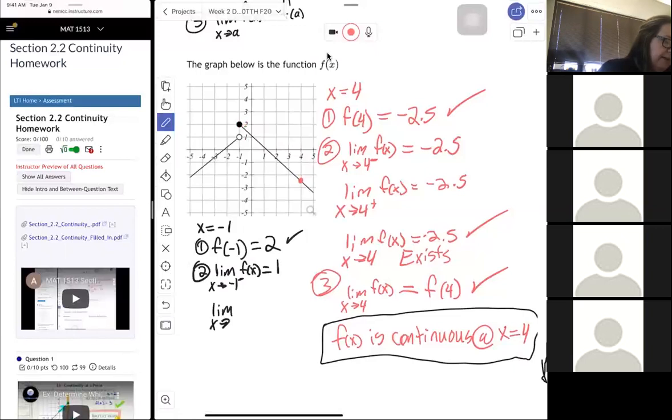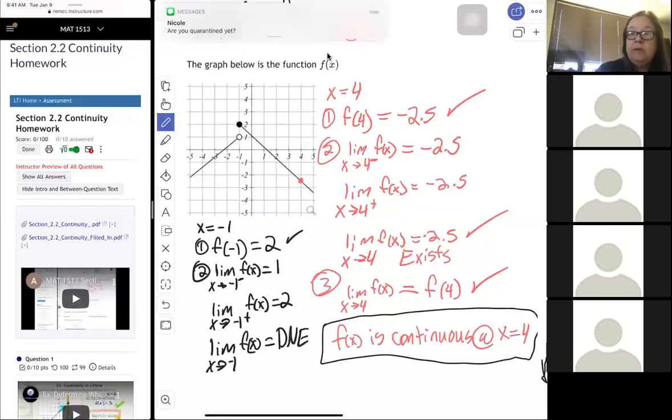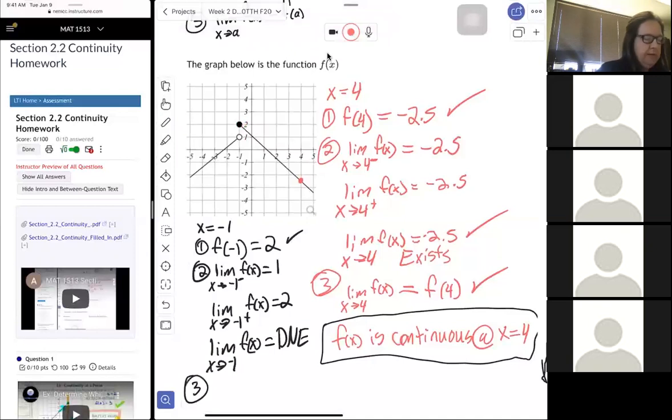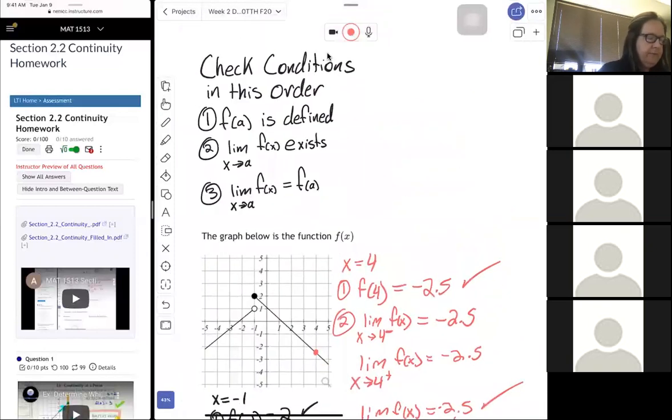From the right we come into 2, and that means that the limit from the two sides, the two-sided limit, does not exist because they don't come into the same point. Now, here's the issue. I don't even have to check the third one. Okay, here's the problem with that. That is the second condition, right? That's this one right here.